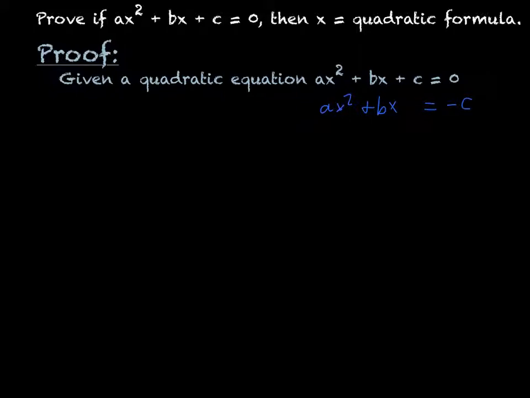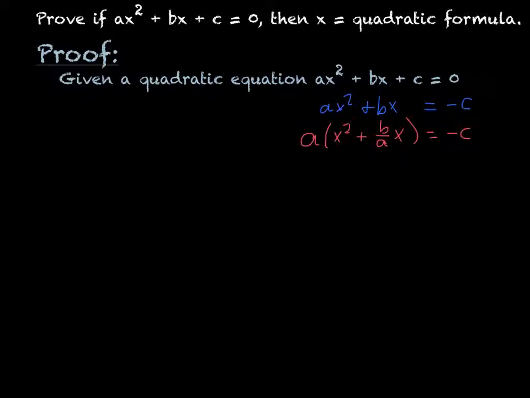And now we basically are going to complete the square. So completing the square, I'm going to start by factoring out an a. So that would be a times x squared plus b over a x equals negative c, still just negative c.